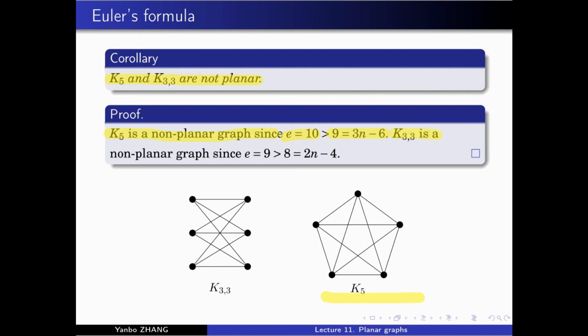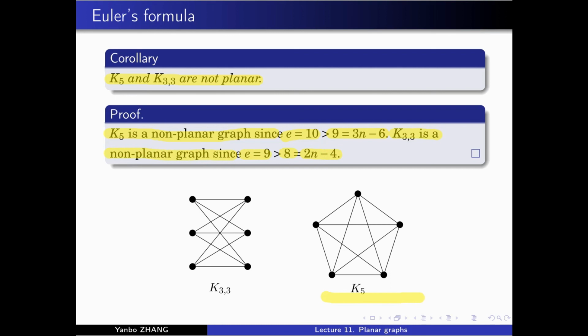Also, K3,3 is a non-planar graph because we can calculate the number of edges. The number of edges of K3,3 is 9, and the number of vertices of K3,3 is 6. 2 times 6 minus 4 is 8.